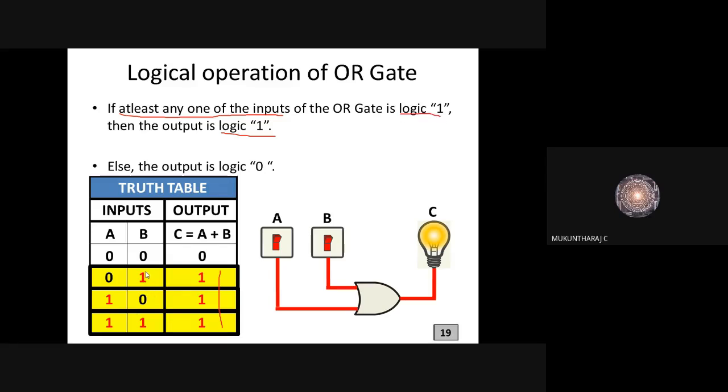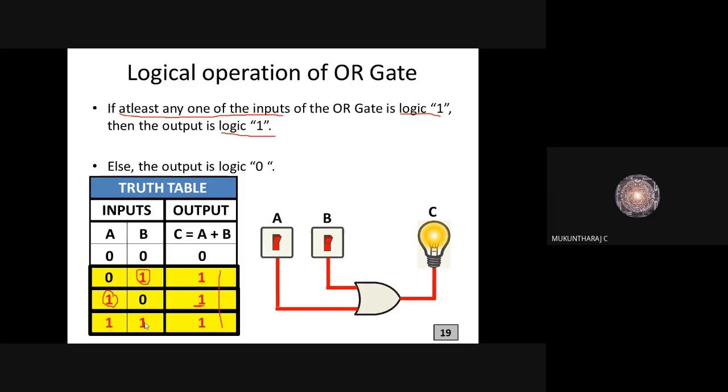In the second case, input B is logic 1, so the output goes to logic high. Similarly in the third case, input A is logic 1. Even though input B is 0, this gate produces logic 1 in the output.